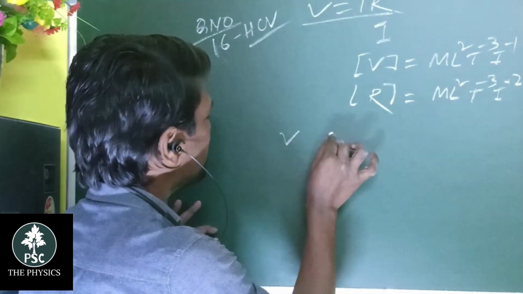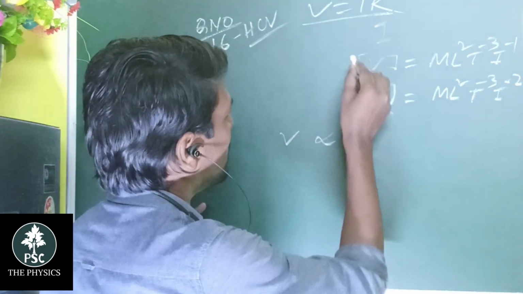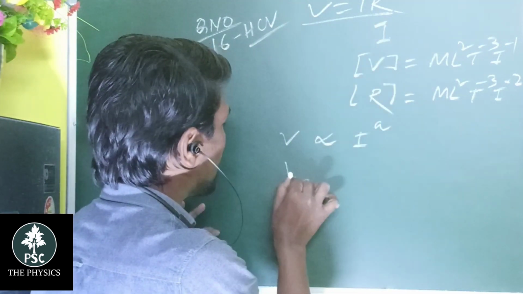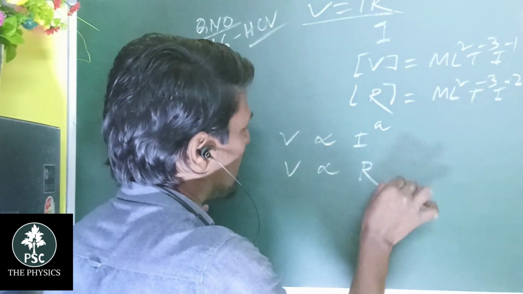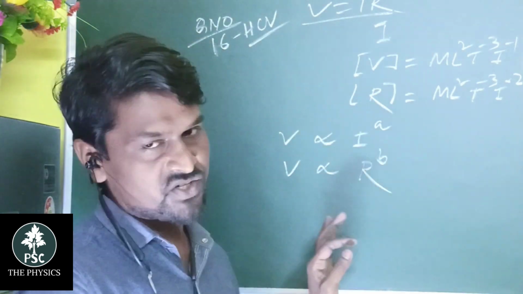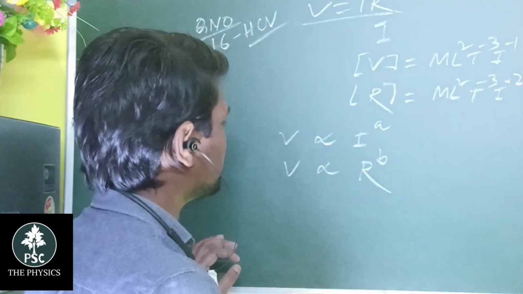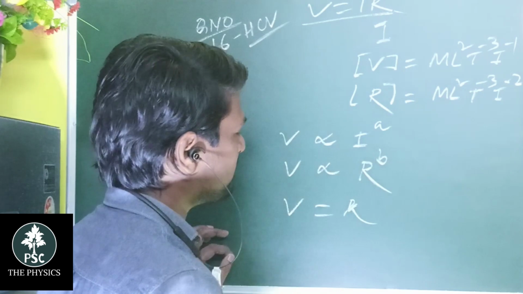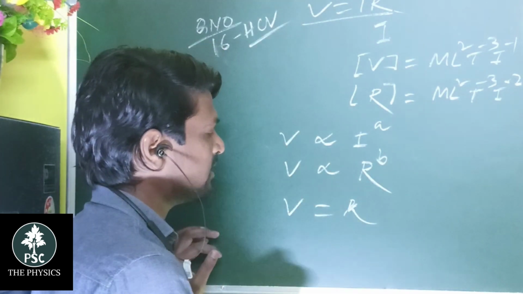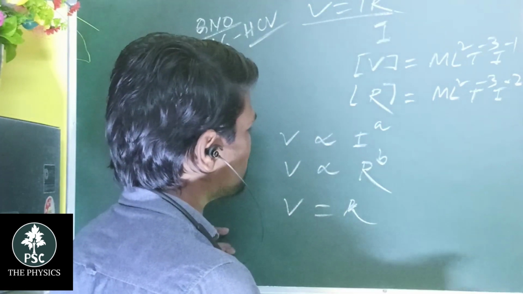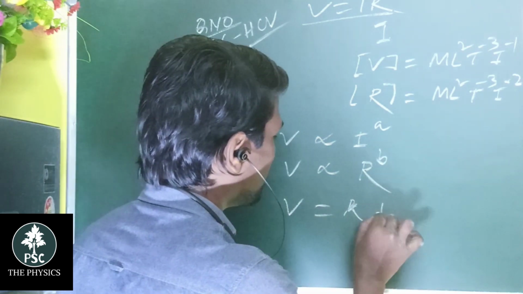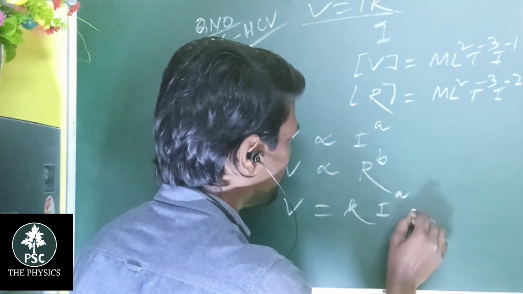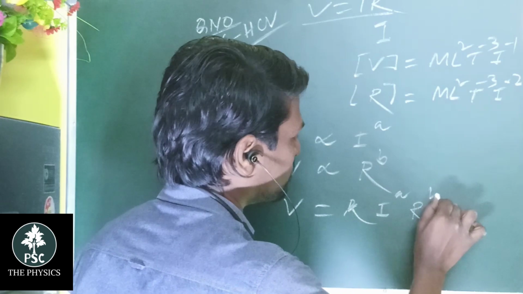We can write V proportional to I to the power A and R to the power B, or you can take the exponents as x and y. So V equals a proportionality constant, kappa or C, times I^A R^B.